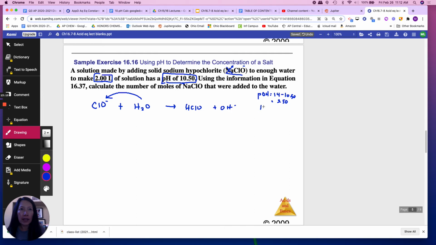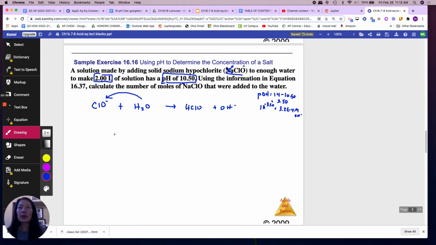So if you go 10 to the -3.50, you're going to get the amount of OH minus. So this is 3.2 E -4. This is the molarity of OH minus.